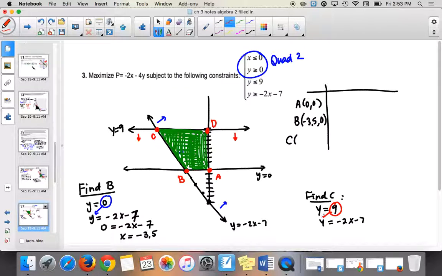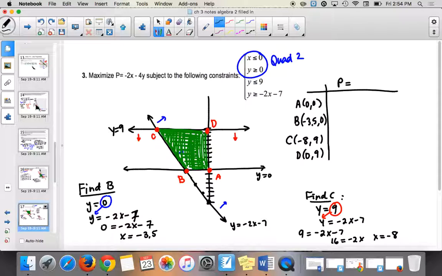We're going to plug in 9 for y and then solve it. So I get 9 equals negative 2x minus 7. Add the 7 over, we get 16, so x equals negative 8. What's the y value that goes with negative 8? 9, right? Because we had y equals 9. So it's negative 8 comma 9. And then D we know. So D is 0 comma 9.